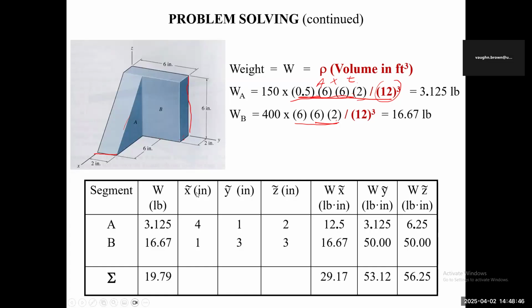And then now we can find x bar, y bar. So let's look at how we find x bar for area A. Who wants to tell me how to find x bar for area A? This is a triangle. That's the triangle we're talking about.